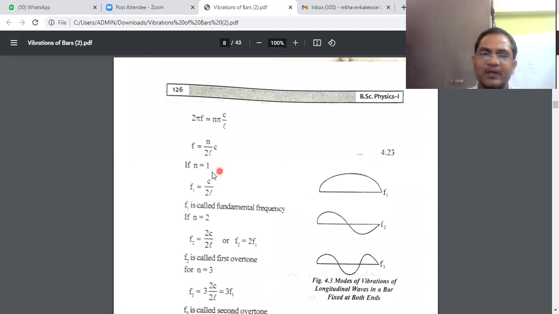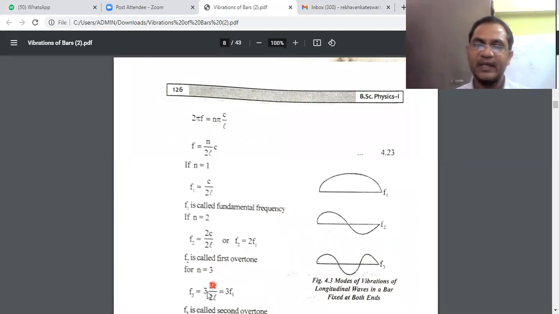In this, f1 equal to c by 2l is called the fundamental frequency. F2 equal to 2c by 2l, that is 2 times the fundamental frequency. This is called second harmonic or first overtone.